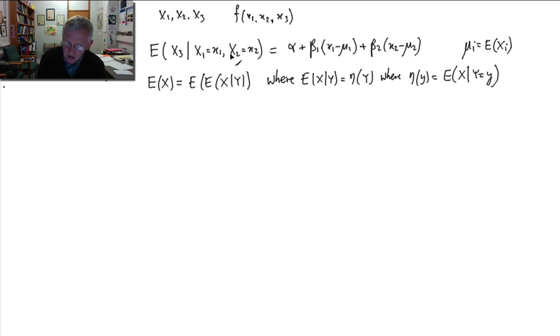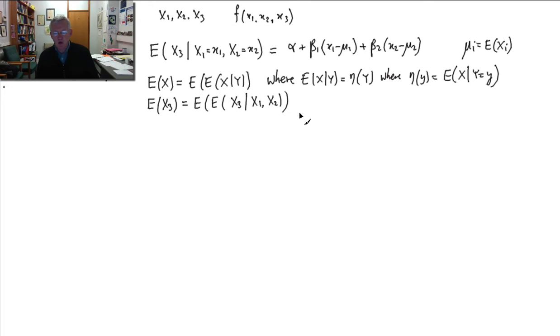Now in this case things are a little bit more complicated because we're conditioning on 2 random variables, but the formula does extend. So we can say that the expected value of x3, by analogy with this, can be written as the expected value of the expected value of x3 conditional on both x1 and x2.